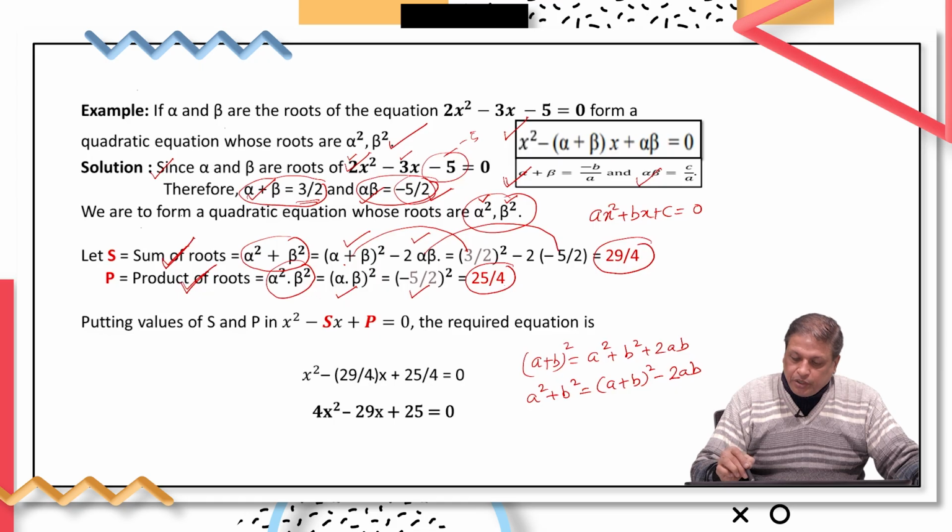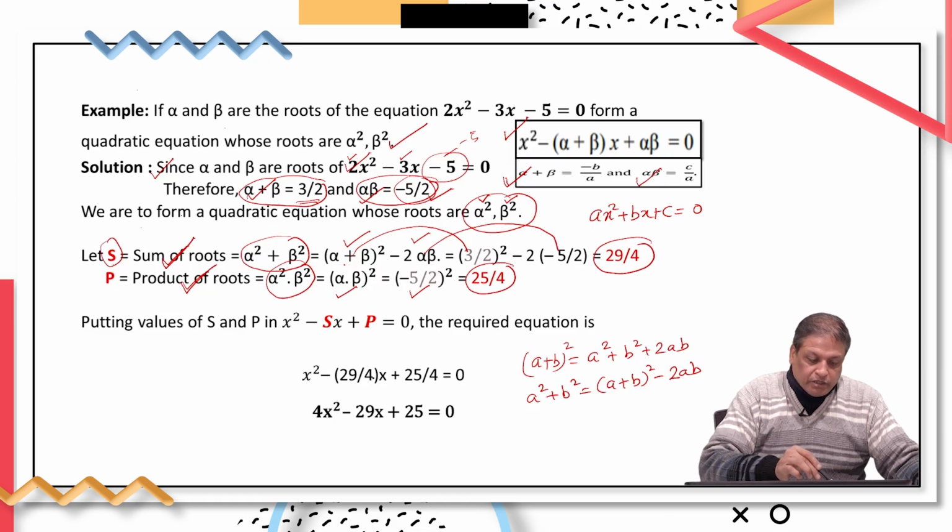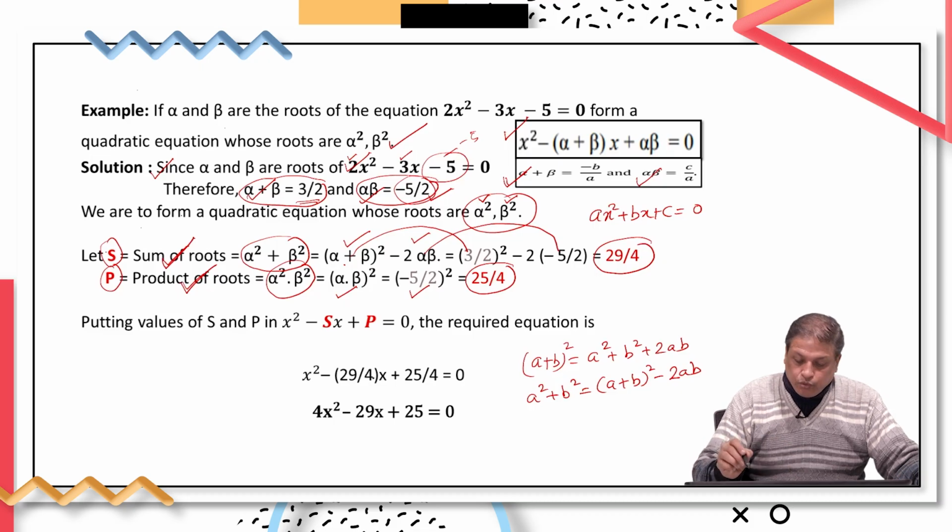Now, substituting the sum of roots and the product of roots into this expression, that means x square minus sum of roots into x plus product of roots, you will get s replaced by 29 by 4 and p by 25 by 4.